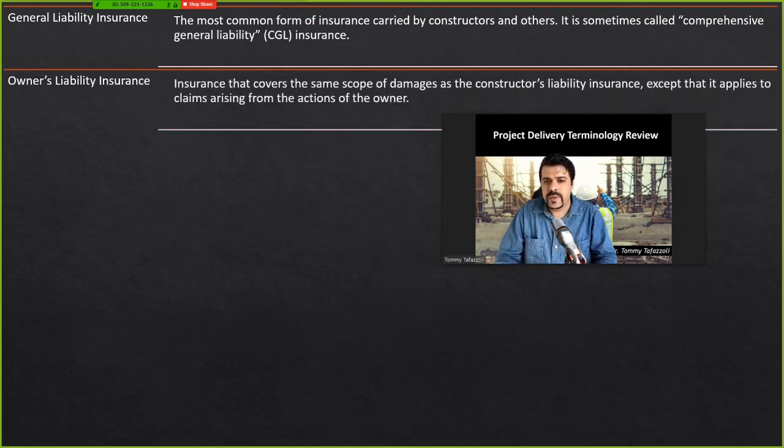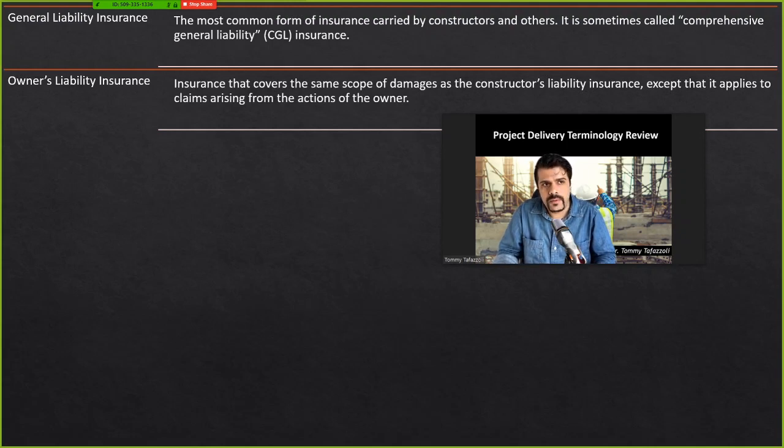Owner's liability insurance is similar to CGL, but it applies to claims arising from the actions of the owner.